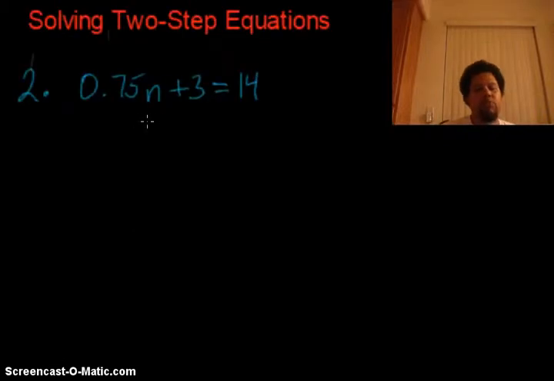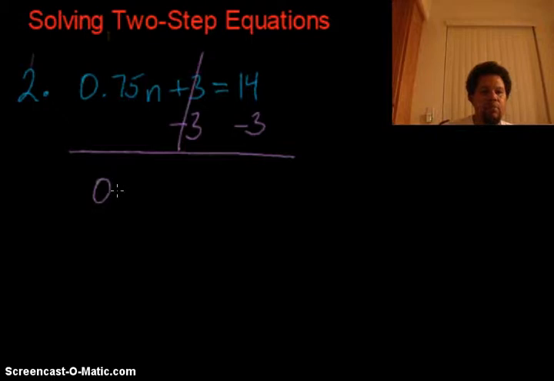Again, I need to solve for my variable n, so I'm going to cancel out this constant by using the inverse operation. I see addition, so I'm going to do subtraction, and whatever I do to one side, I do to the other side, leaving me with 0.75n equals 11.